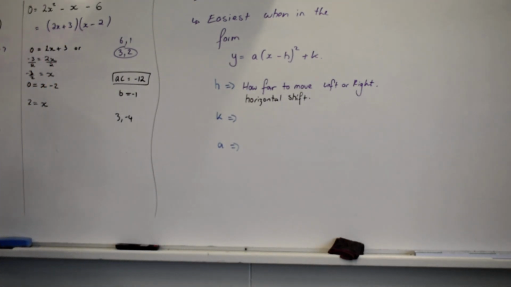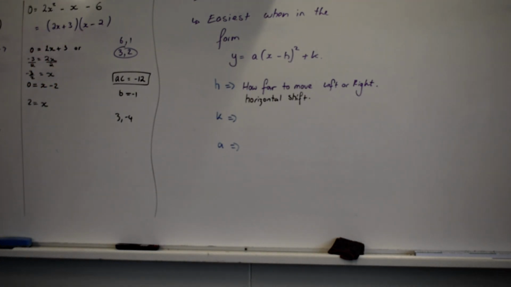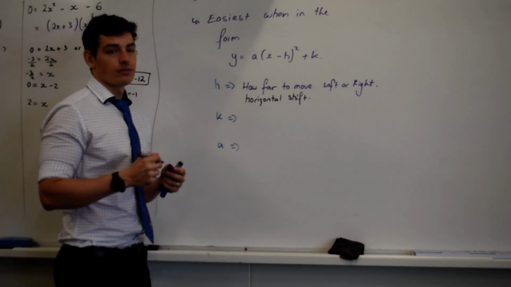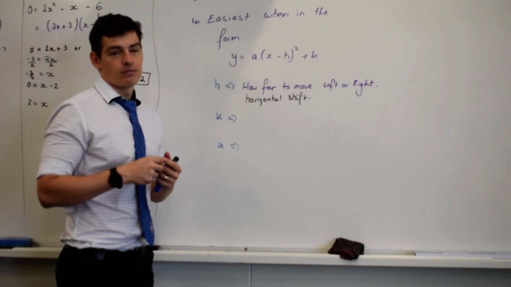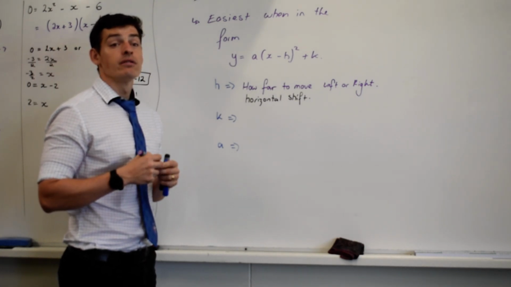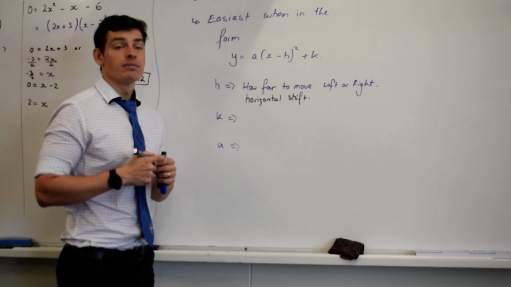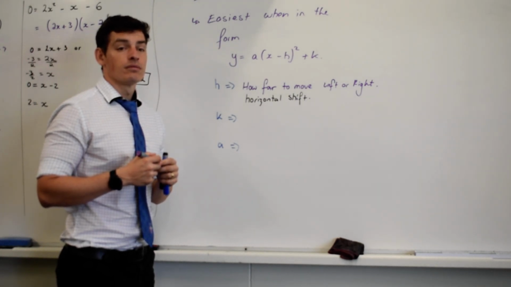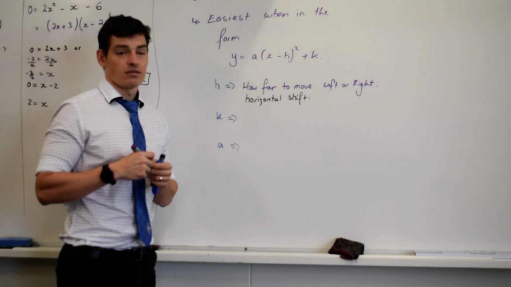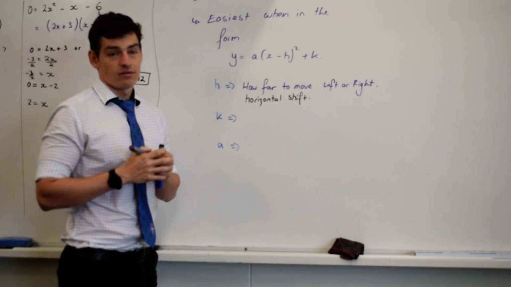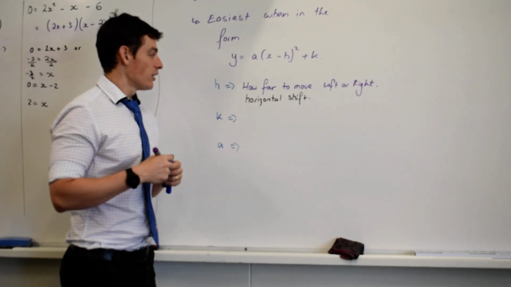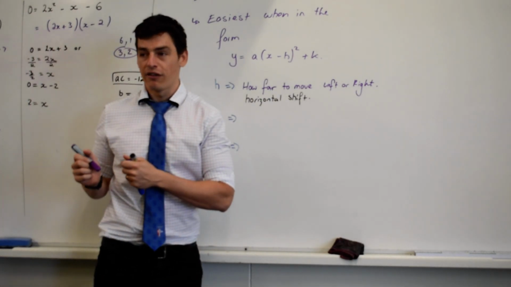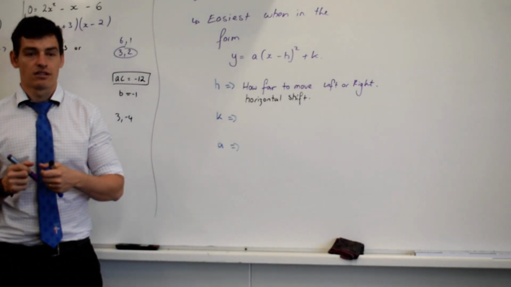K tells us what? What do you think? What do you reckon? Have a guess. If H tells us how far we moved it left or right, what do you reckon K tells us?